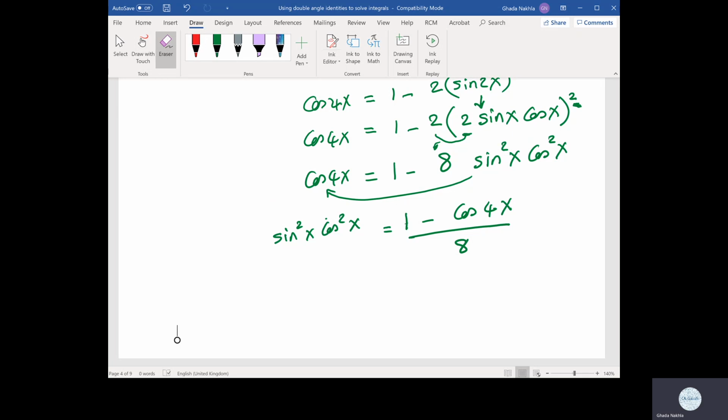So sine squared cos squared, I can in fact replace it by 1 minus cos 4x divided by 8. So let's go back here.